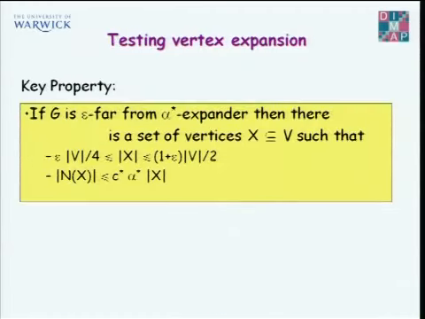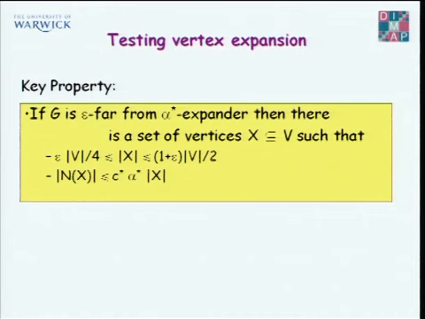So we have a key property, which perhaps seems very natural, but people before were trying to prove it and didn't succeed. The property is as follows. You have a graph which is epsilon far from an alpha star expander. Then we can find a large set of vertices which will have small expansion.